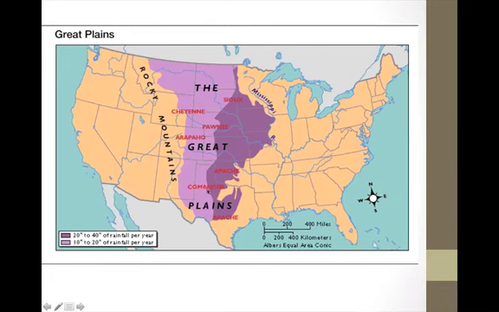And the reason why the Great Plains was like the breadbasket of the United States is simply because this was a really flat terrain where the largest plantations existed. A lot of the farming, a lot of the crops, and then they sold them into market, and they used the Mississippi River to transport a lot of the goods and crops so it could spread out through the rest of the colonies.